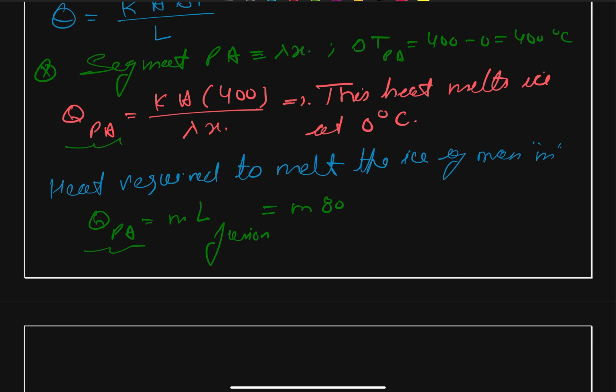Therefore, we can say this will be equal to 400 KA divided by lambda times x.